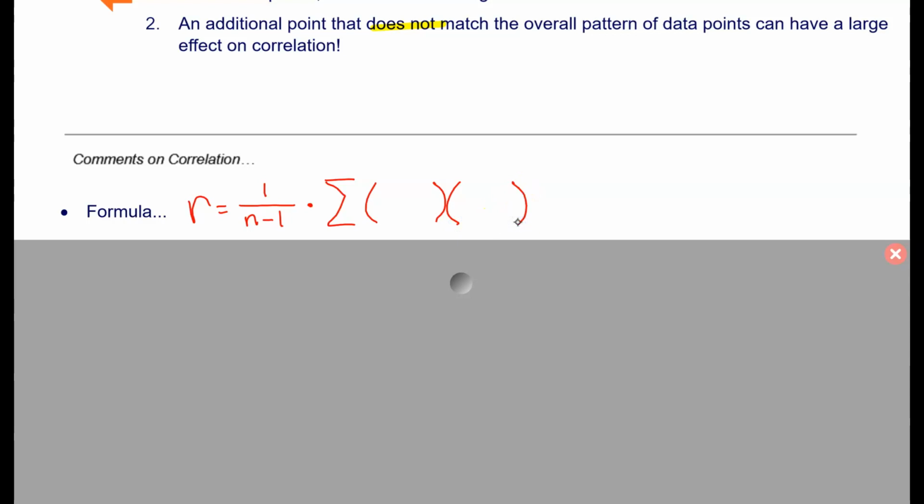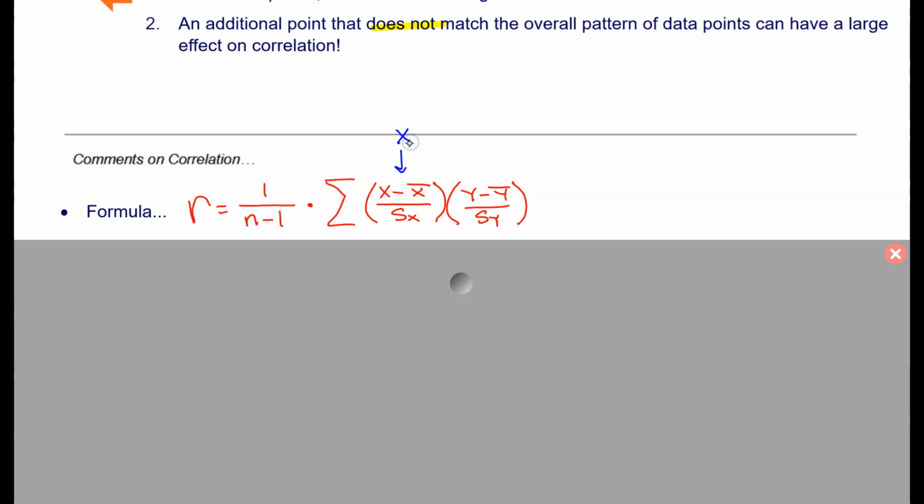The first factor is x minus x bar divided by s sub x. And the second factor is y minus y bar divided by s sub y. So let's just pause for a second and think about this. Remember, with correlation, we're trying to describe a relationship between two variables.